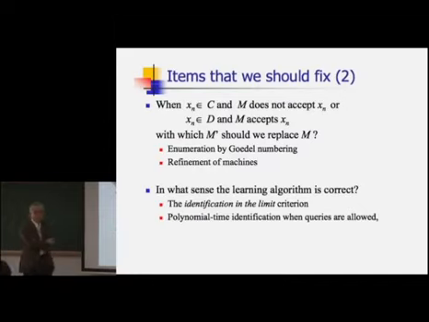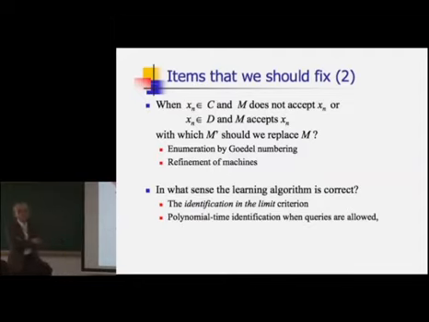But we don't have any such good measure between finite state automata and the data. So we have to develop a new criterion or mechanism to find the alternative candidate. And I'll explain the enumeration by Gödel numbering.